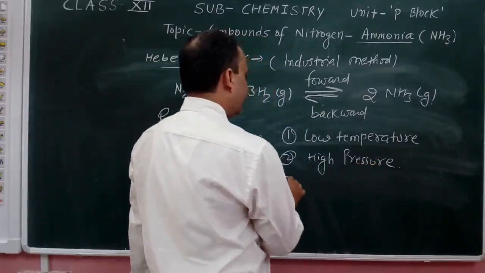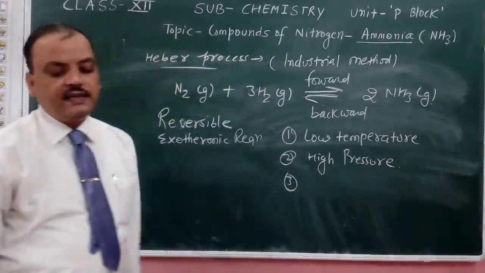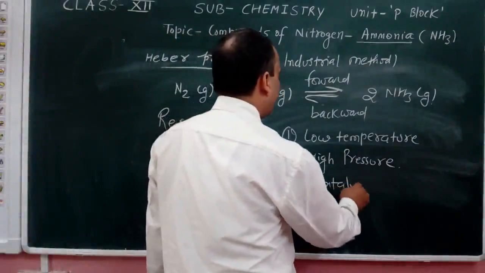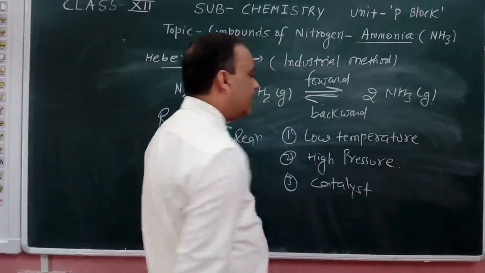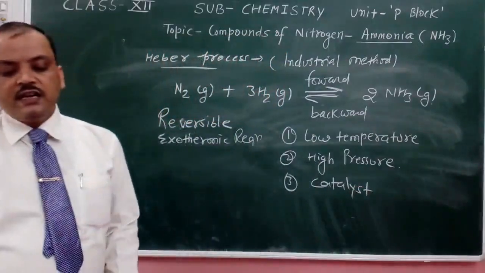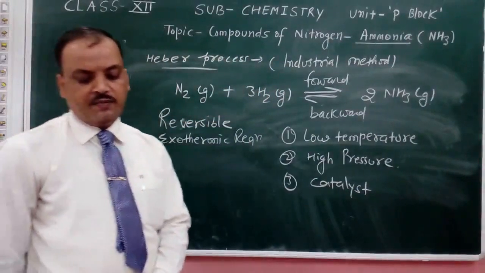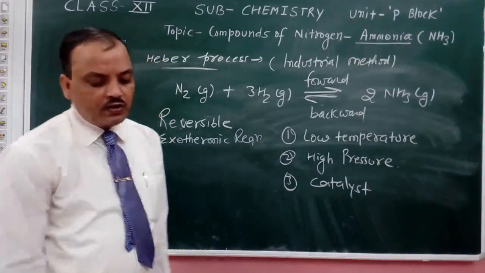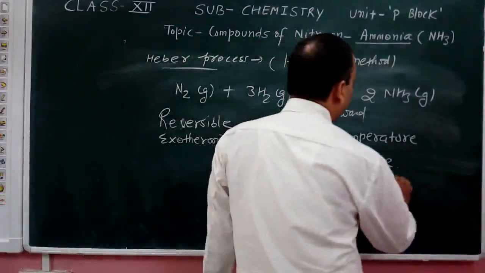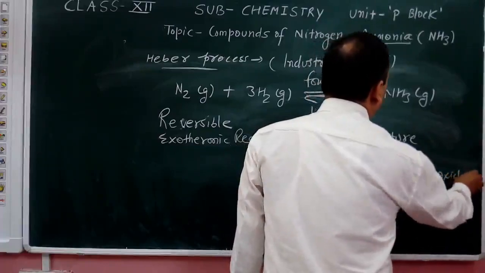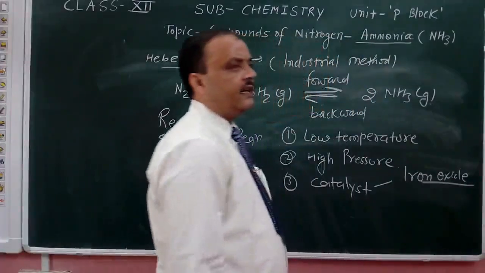Third, we require a catalyst in the preparation of ammonia. So: low temperature, high pressure and a catalyst. The important thing is that iron oxide is used as a catalyst.